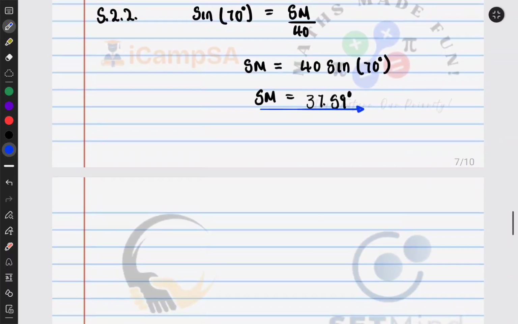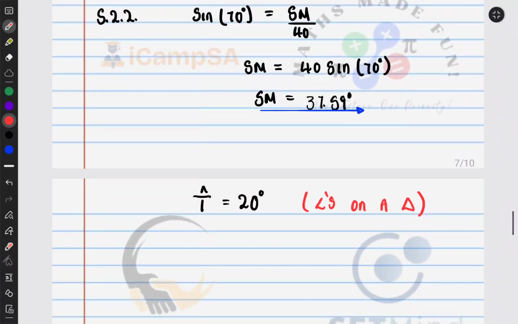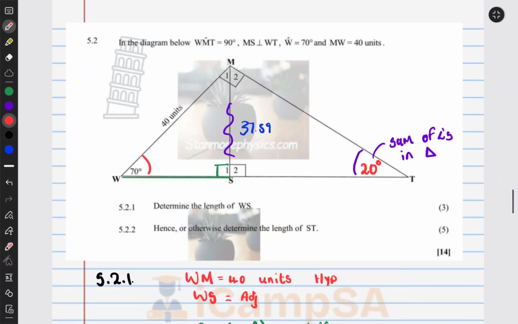Let's declare what we have there. Angle T is equal to 20 degrees. The reason we have already stated angles in a triangle is that before we can use this, we have to declare it, and then once we have declared that, we can now use it. We have 20 degrees there, and we have the side SM of 37.59 units, and we are looking for ST, the adjacent side.